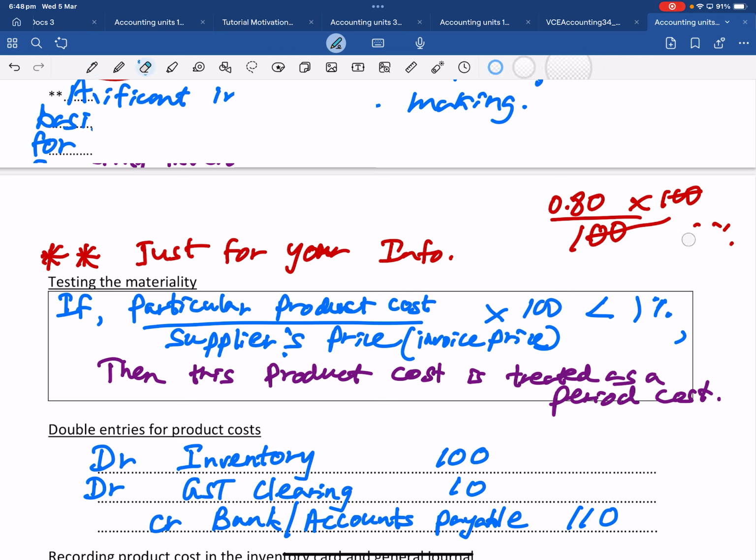So that means the 80 cents will be immaterial. Then what would we do? Even though it's a product cost, we don't identify it as a product cost. It will be a period cost because it is not material enough.